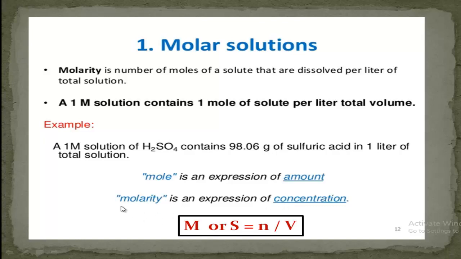Molarity is denoted by capital M, and it is actually n by V, that is mole per volume in liter. So molarity is the expression of concentration and its unit is mole per liter, and mole's unit is gram.